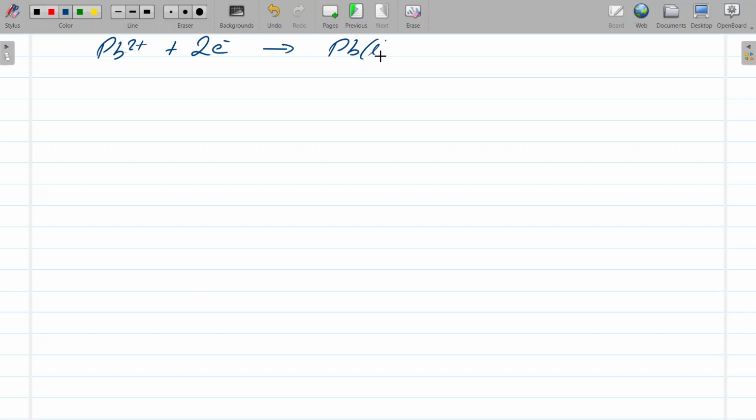Individually, if you take a look at the ions, what's happening is you've got the lead ions, and this means that lead has lost two electrons. So it moves to the cathode and it gains two electrons. And so it becomes just lead, a lead atom.